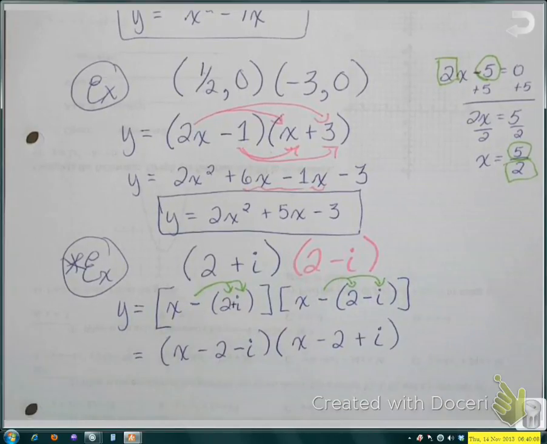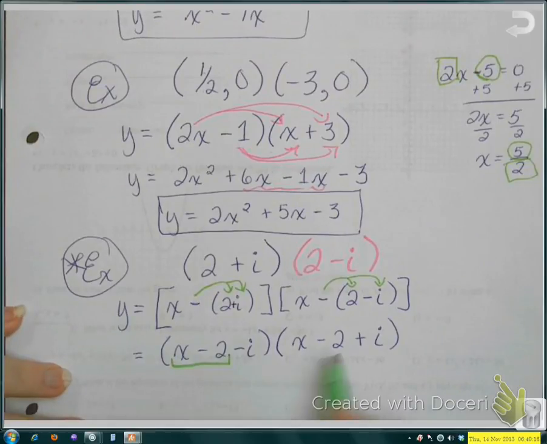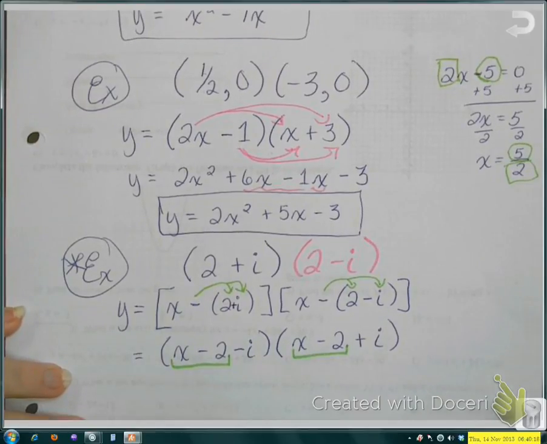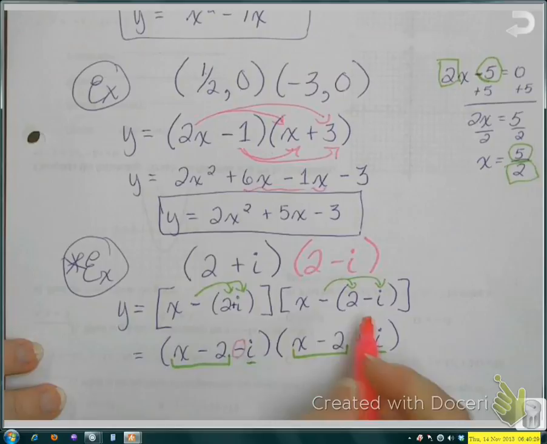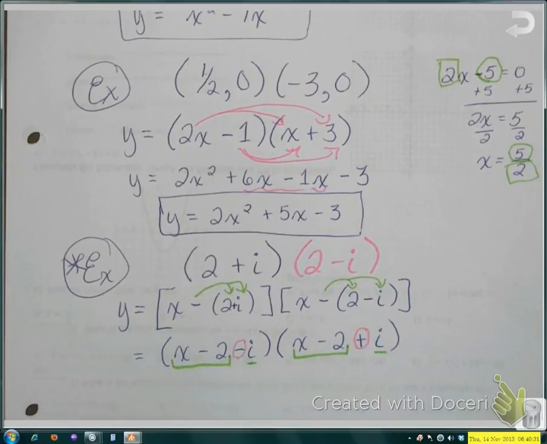If I look at this really closely, I notice that the x minus 2 part is the same, and then I've got this i over here. I look at the signs in between, and the signs in between are opposites.